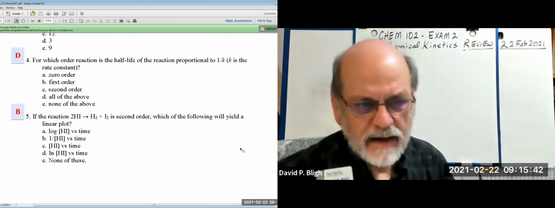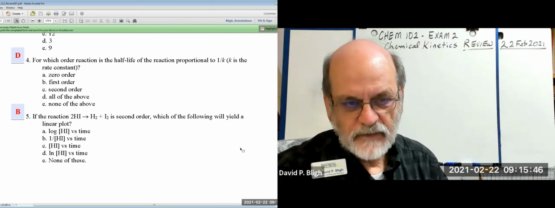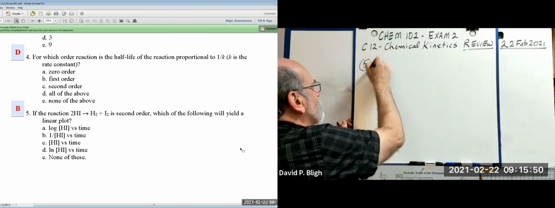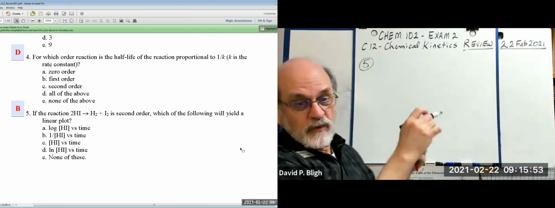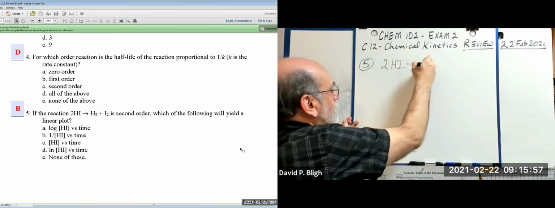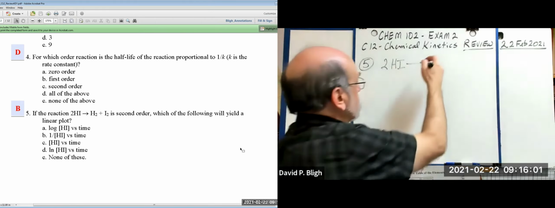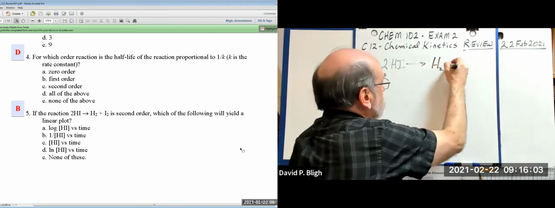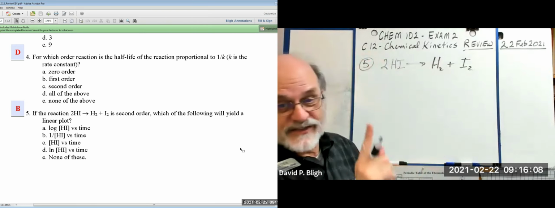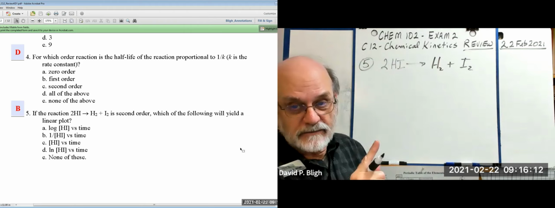Let's see, how about 5? Oh yeah, that's basic stuff, right? If this reaction yields H2 plus I2, is second order, which of the following will yield a linear plot?